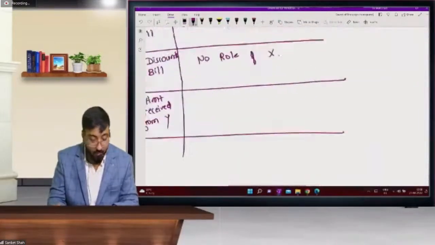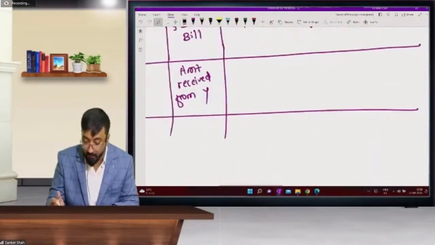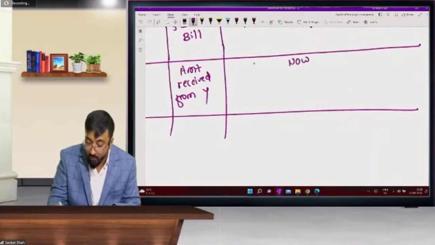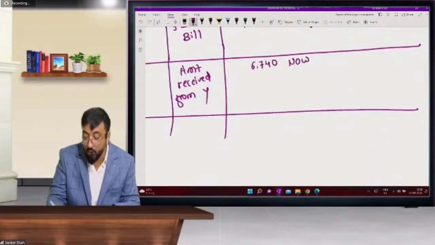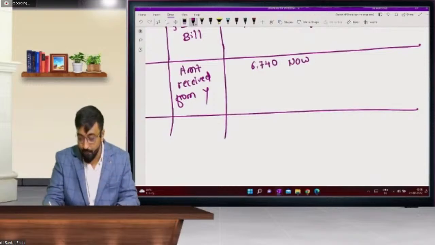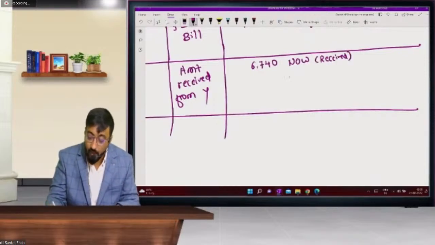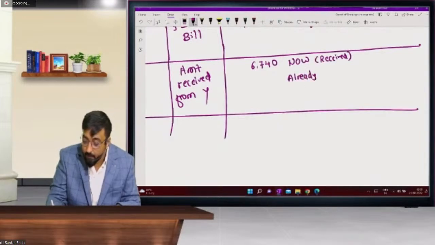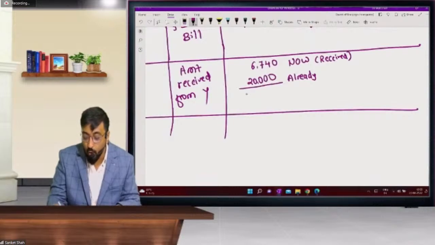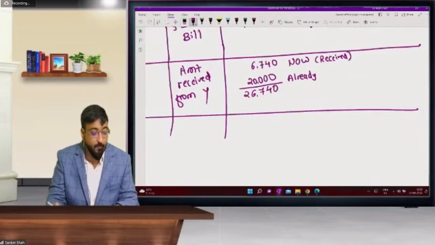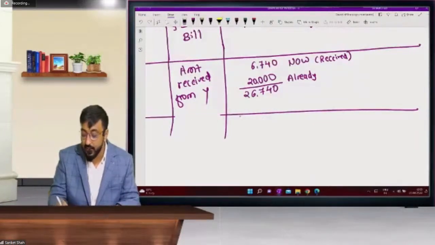6740. Wait, now very, very important. Now 6740 he received. Already 20,000. So total 26,740.